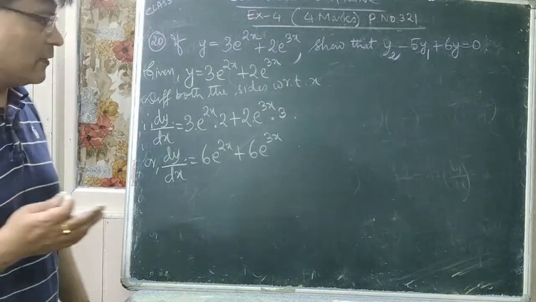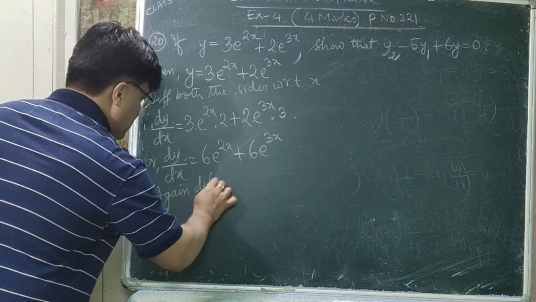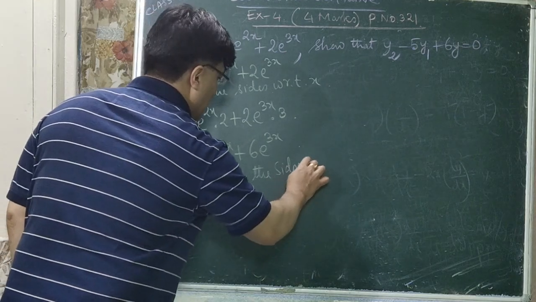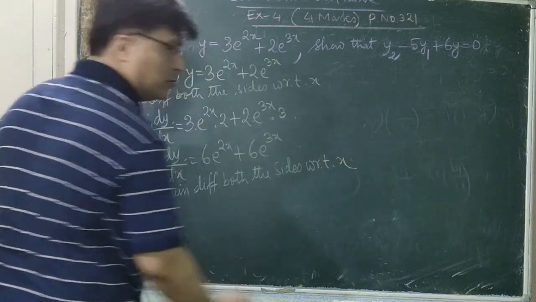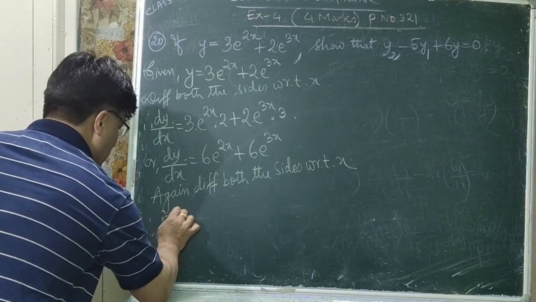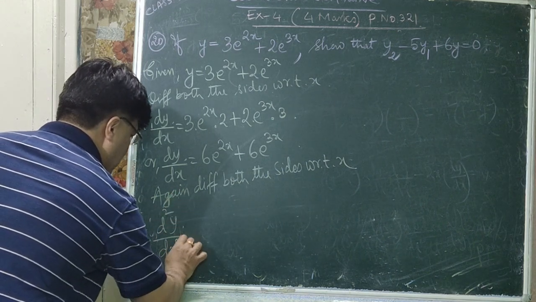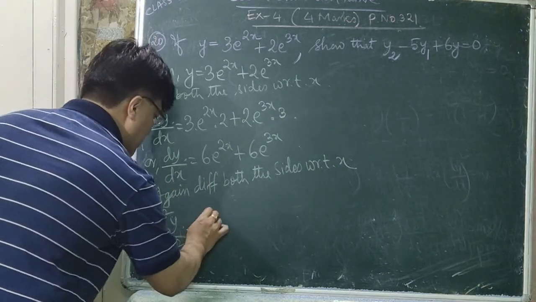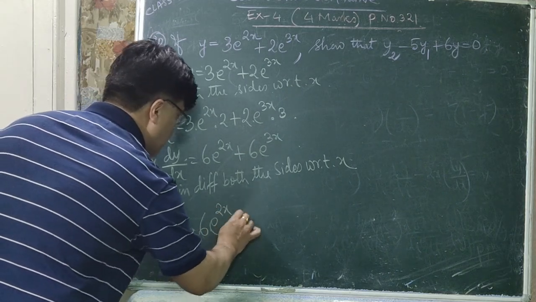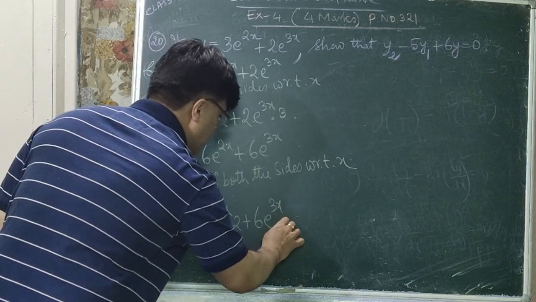So now again you have to differentiate both the sides with respect to x. So therefore d2y by dx square is equal to, now 6 is constant, it is kept as it is, differentiate e to the power 2x, e to the power 2x into 2, plus 6, differentiate e to the power 3x, e to the power 3x into what?